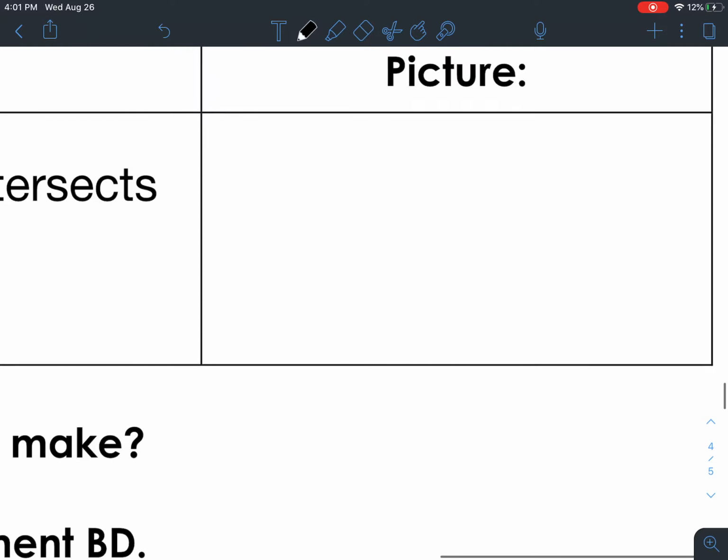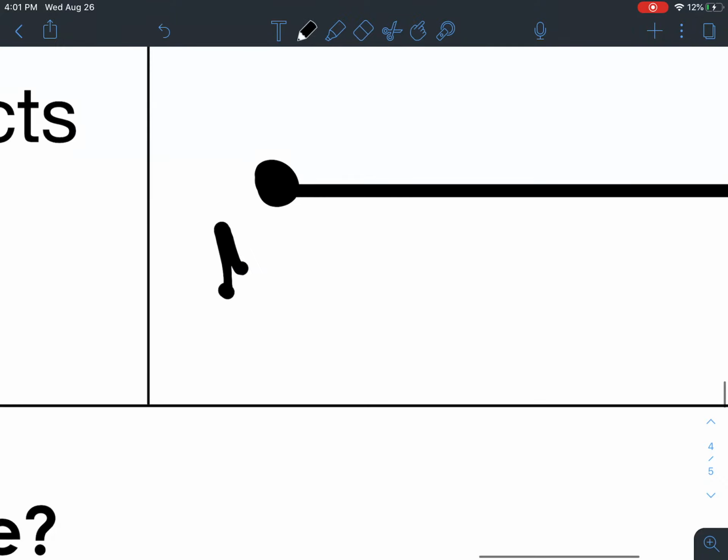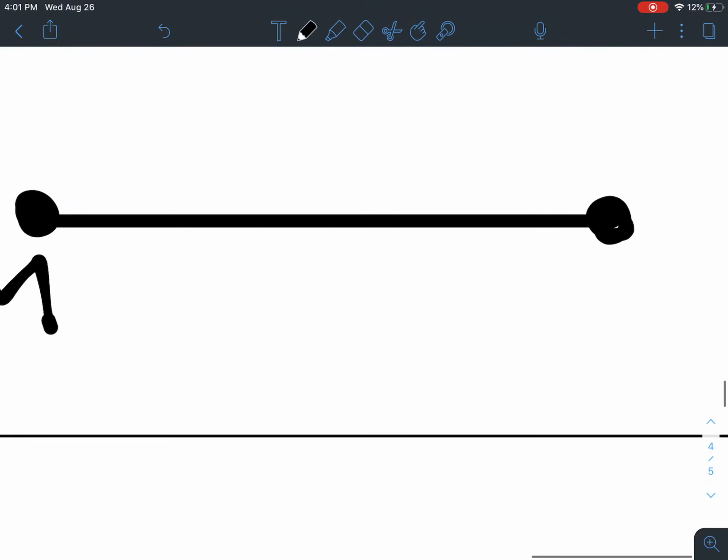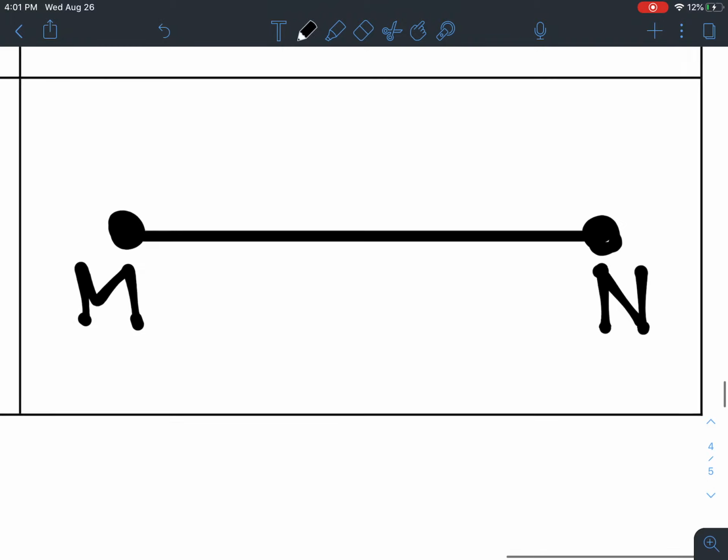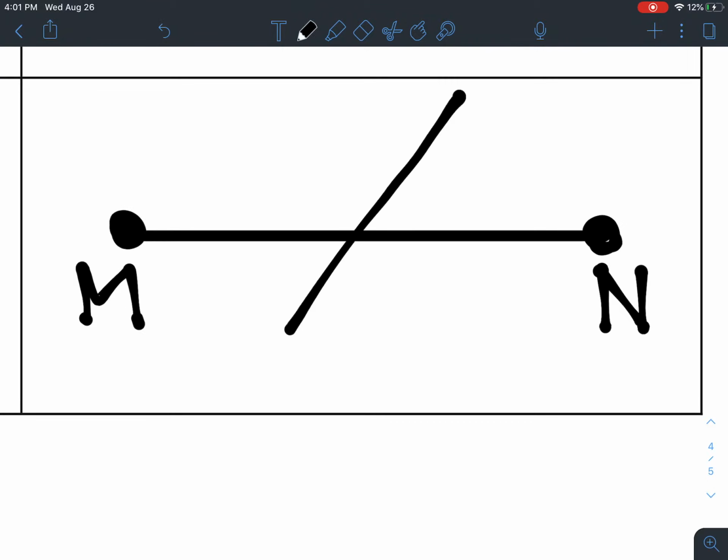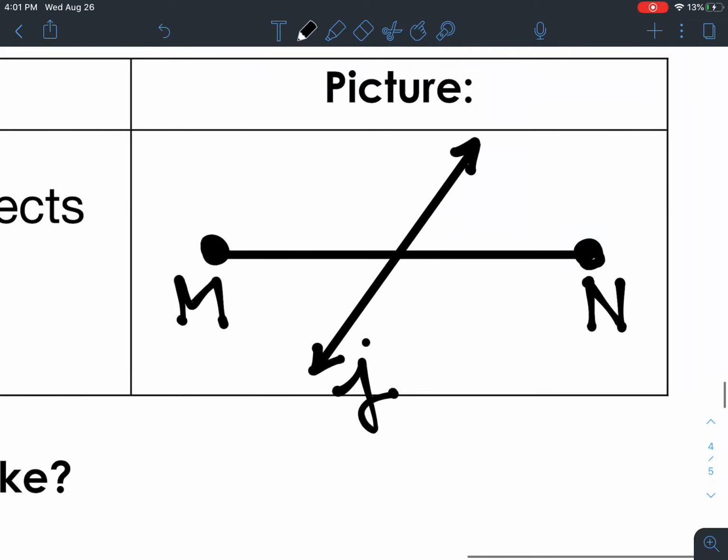So let's draw a picture of it. Let's draw a segment. Let's call this MN. And then let's have a line actually bisect this segment, okay? So I'm going to draw a line that seems to cut it right in half. And I'm going to call that line J, okay?